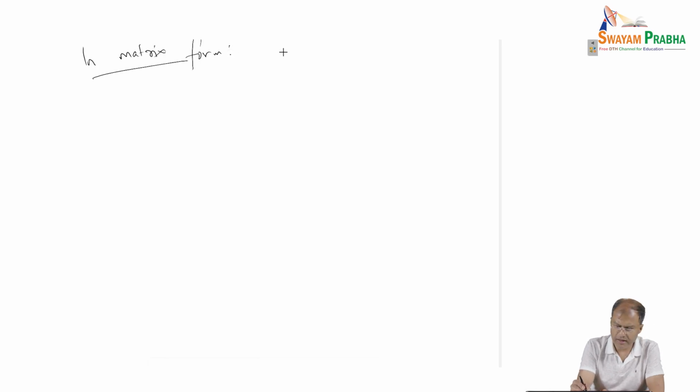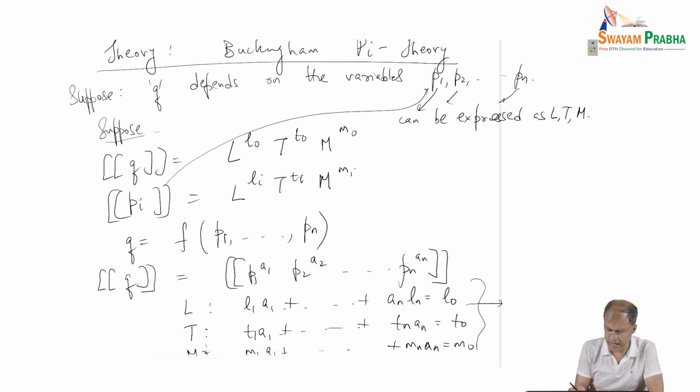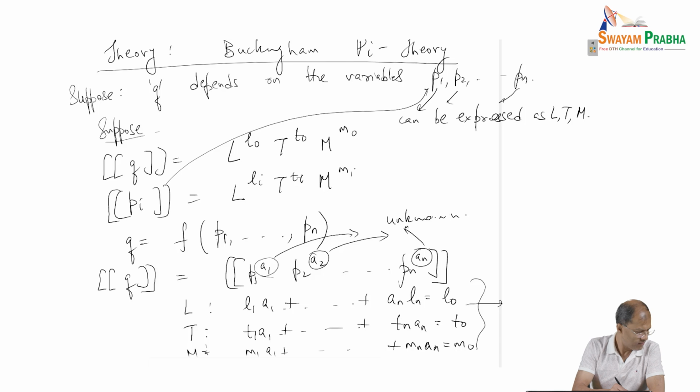what we see is that the unknowns are not Li, Ti and Mi, the unknowns are the vector a, the Ai's. We want to find these Ai's, so these are my unknowns. Okay.